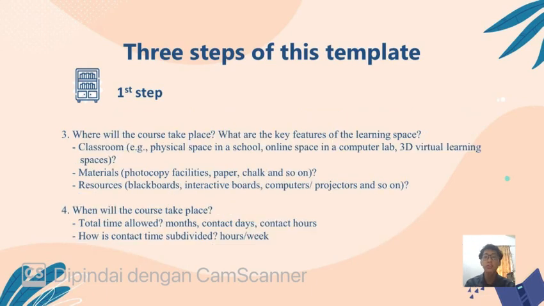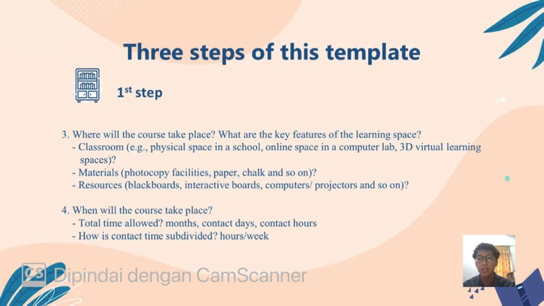Okay, next is the number three question. Where will the course take place? What are the key features of the learning space? Here, it may be a classroom, a computer lab, or a physical space in a school, and so on.